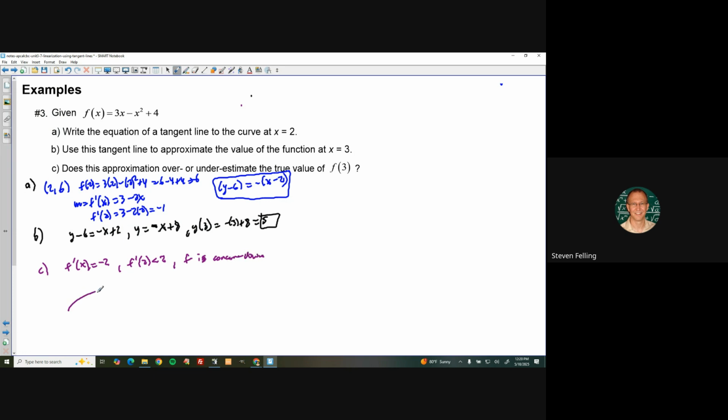And since it's concave down, that means that the tangent line approximation will always be above that. Therefore, this approximation is an overestimation of the true value of f of 3. Okay, that's all there is to it.